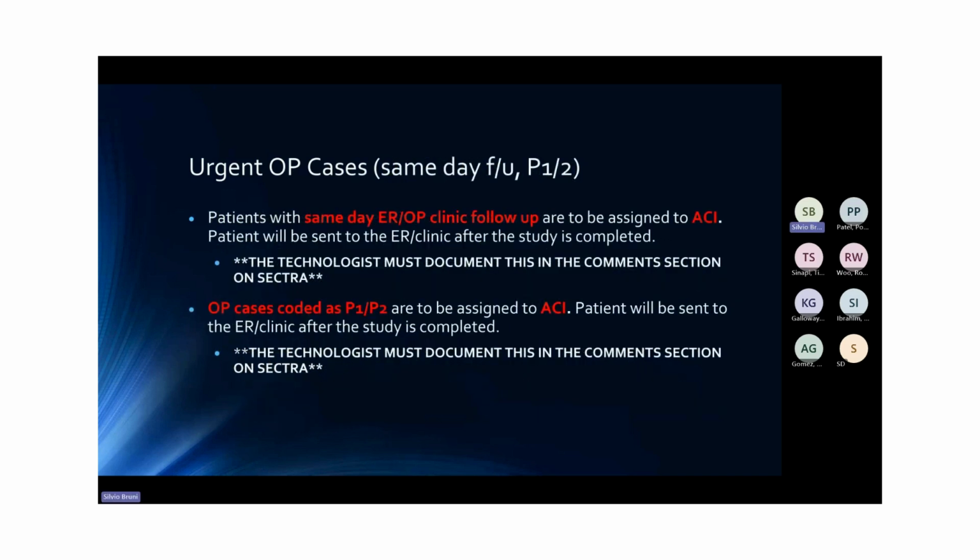The rest of this remains the same, but just to quickly go over all those other urgent outpatient cases: urgent outpatient cases that have a same day ED or clinic follow-up, or P1, P2 cases, those will still be designated as ACI as the performing physician on the scanner, and will be dealt with in the same way that they usually are.